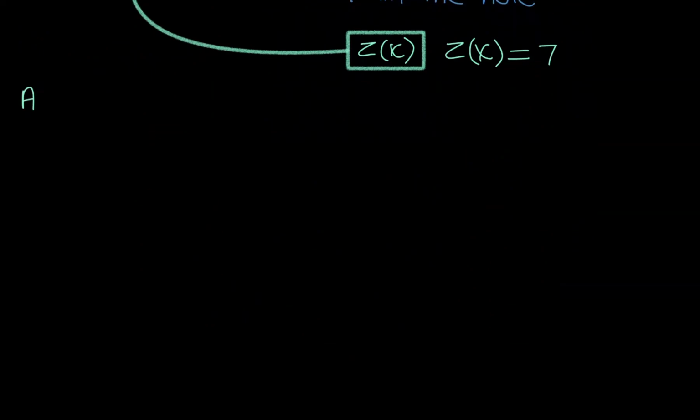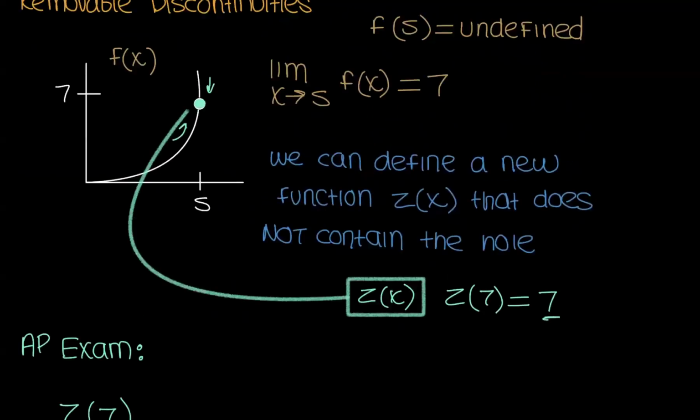On the AP exam, the statement you need to be familiar with is that z of 5, because f of 5 is undefined, but we want z of 5 to be defined.